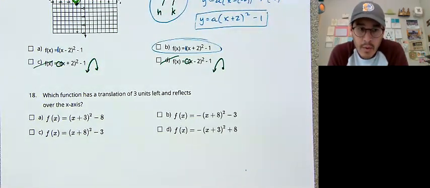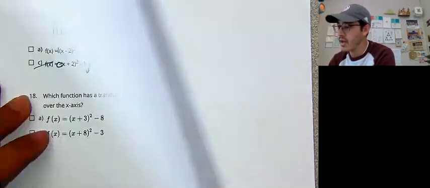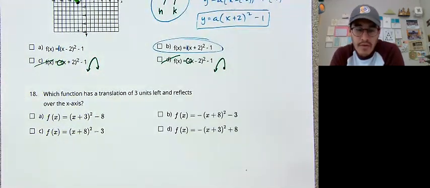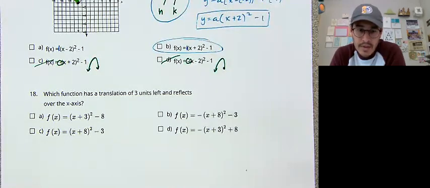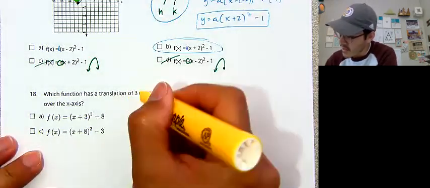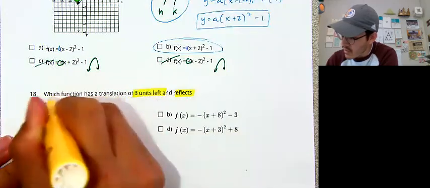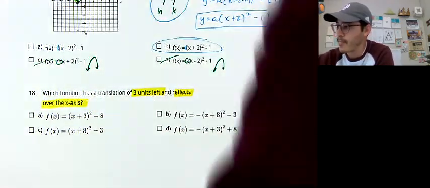Okay, and now we reach our final question. I think 18 is the last one. Yeah. So we have a verbal description of the parabola. It's translated 3 units to the left, and then it reflects over the x-axis.